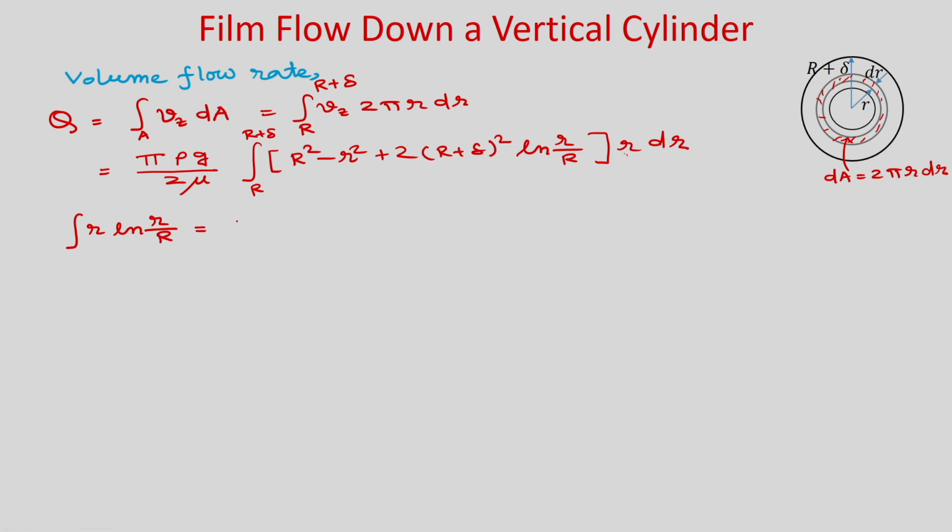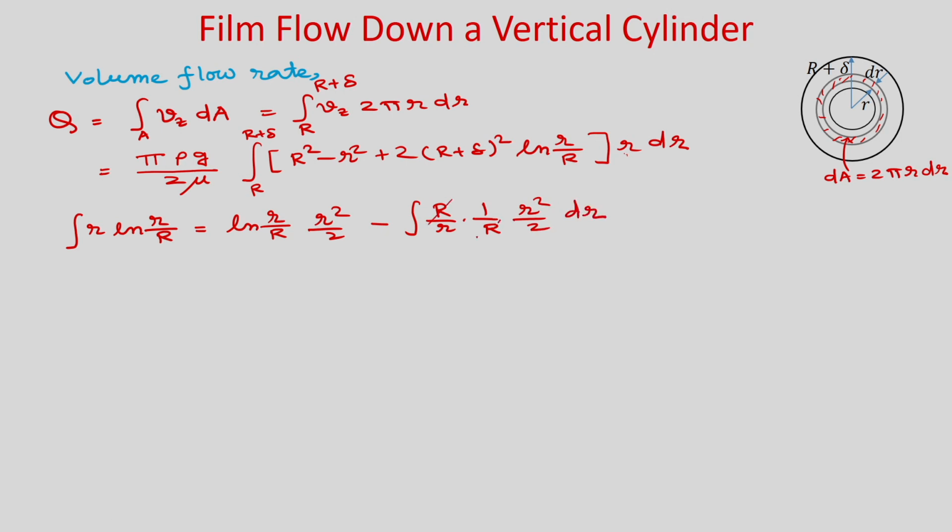So, this you can write ln r by r, then integral r dr, r square by 2, minus integral. So, it will be d of dr of ln r by r, so you will get r by r into 1 by r, then again integral r dr means r square by 2 dr. Okay.